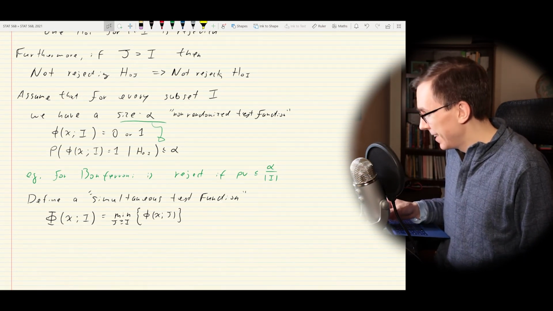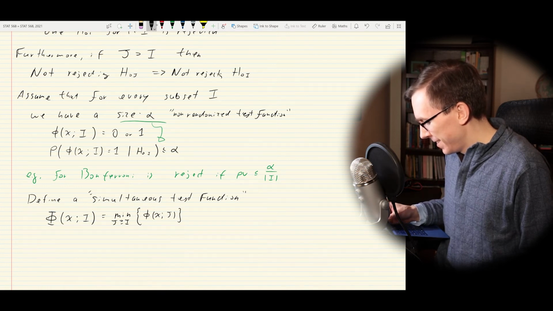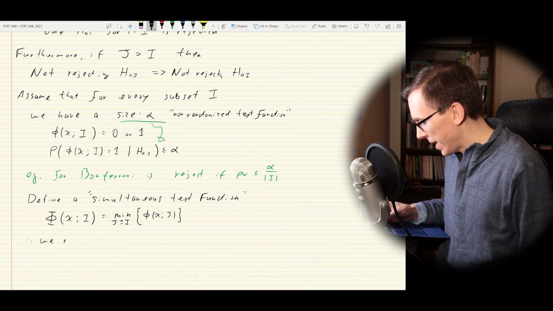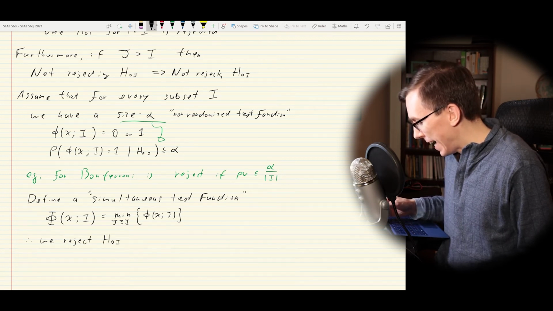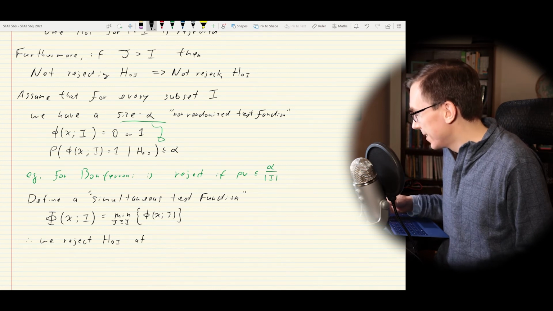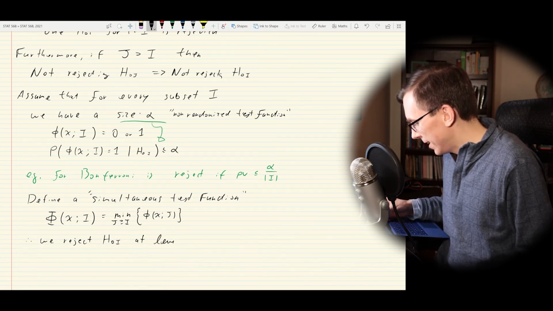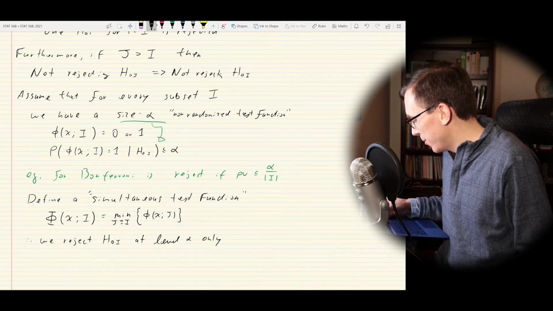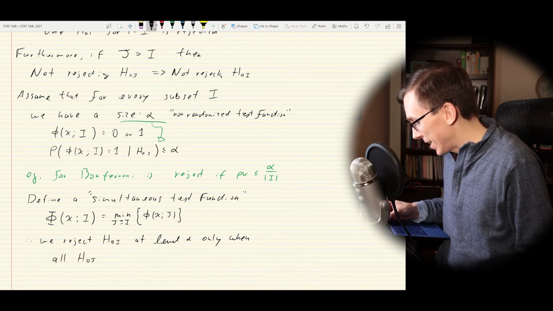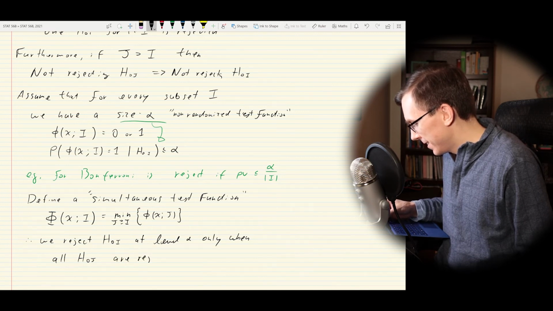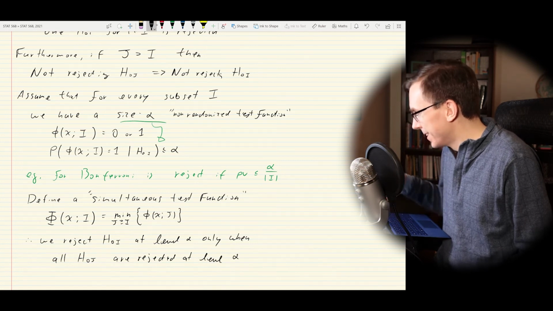It means that, therefore, we reject H naught I, capital I, at, we'll say, level alpha only when all H naught j are rejected at level alpha.